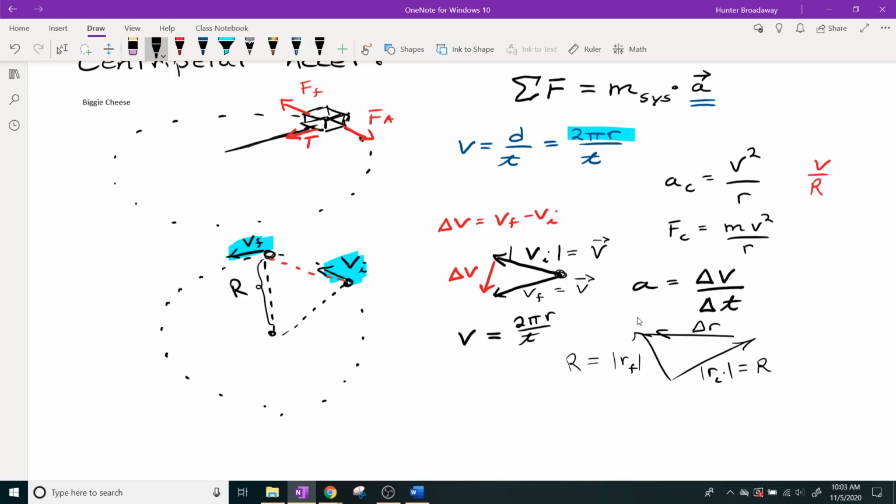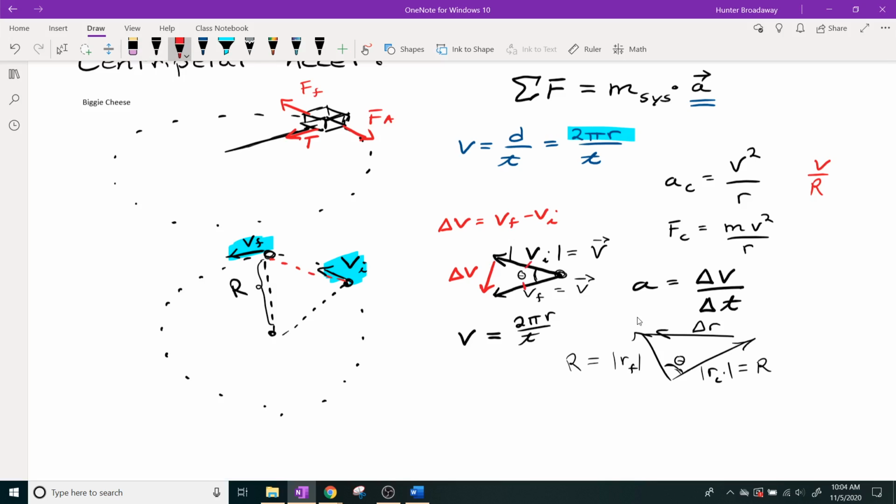Because of this, what ends up happening is we have two similar triangles. So the angle that's caused by this VI and VF is the exact same angle that's being caused by this RI and RF, this initial radius and this final radius value. So what that gives us is two isosceles similar triangles, okay, which we can then use, using a geometry argument, to show that these things actually work. Okay? So I can say, because they have a, so these two sides, here's the isosceles part.